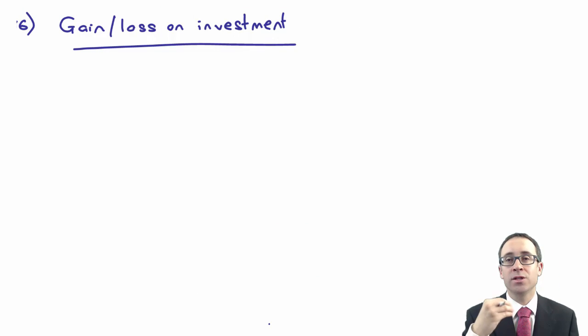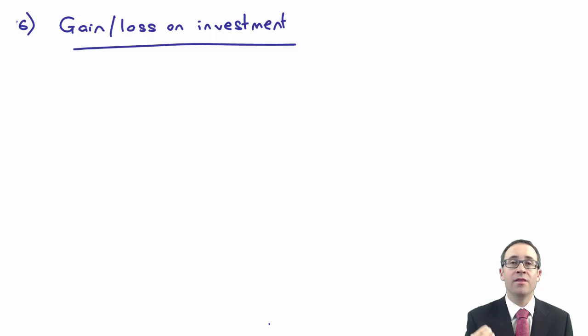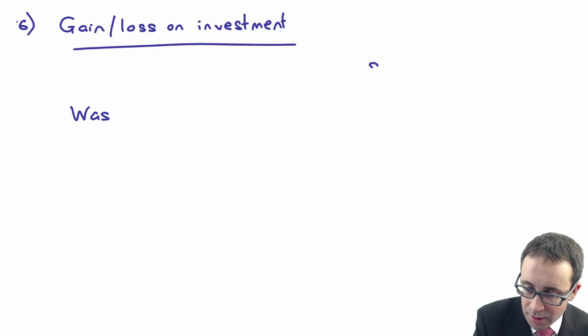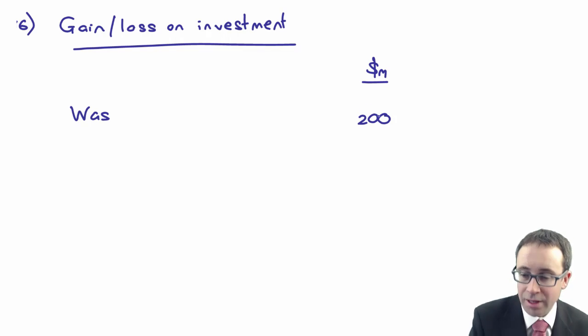So we need to get it to its up-to-date value. When we record it at its up-to-date value, looking at it from a group accounts perspective, i.e. at the closing rate, there may then be a gain or loss when we eliminate that investment. The investment was, in terms of our dollars, $200 million.